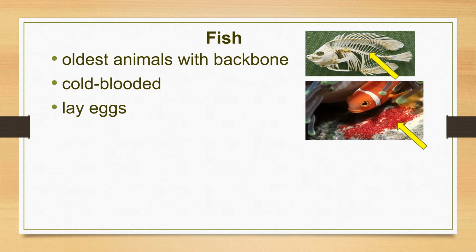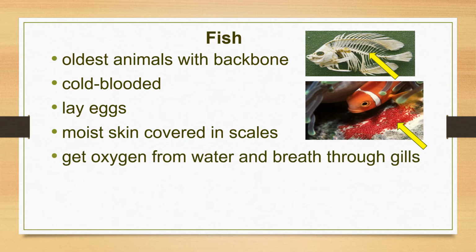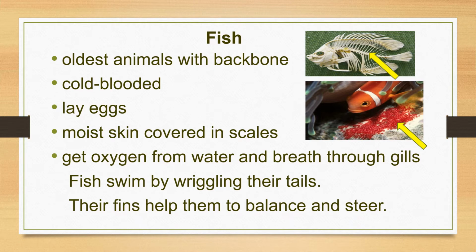What else? Fish also have moist skin covered in scales. Fish also get oxygen from water and breathe through their gills. And then fish swim by wriggling their tails. Their fins also help them to balance and steer.